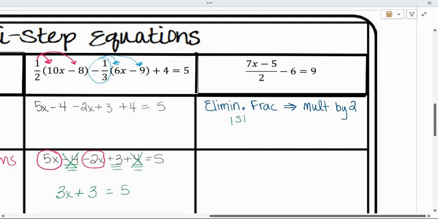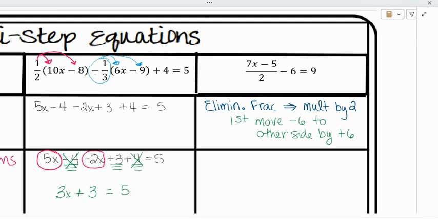But first, we have to move the negative 6 to the other side by adding 6. So I'm going to leave that there for a second. So we have to get the fraction all by itself before we try to eliminate the denominator, right?